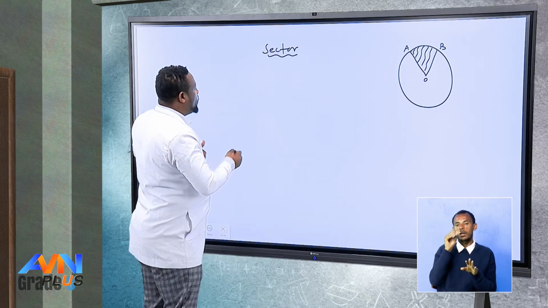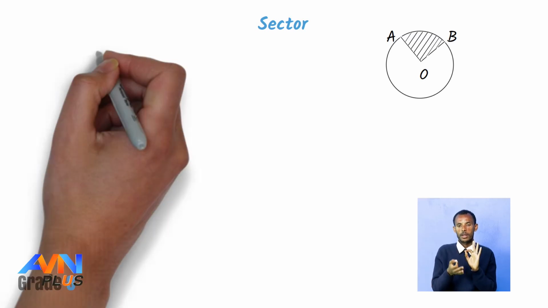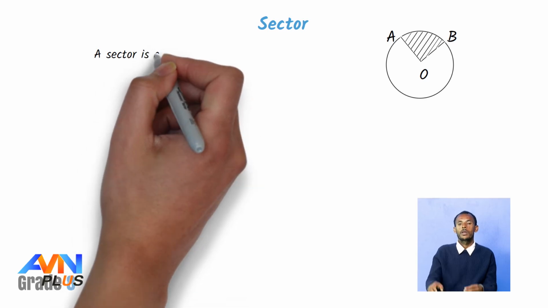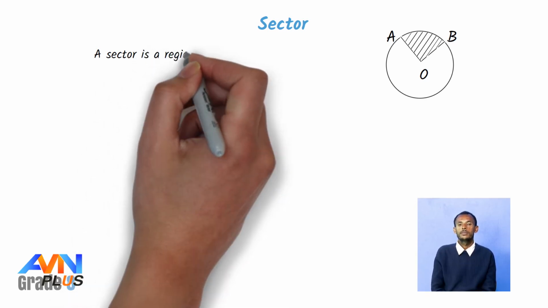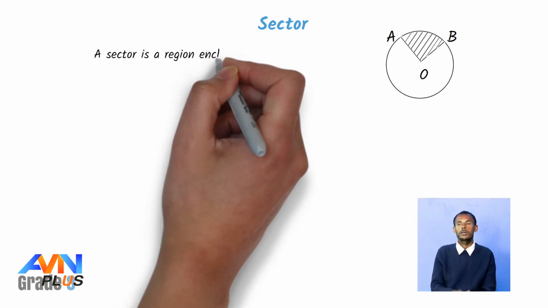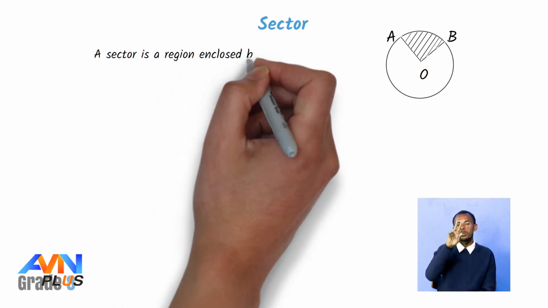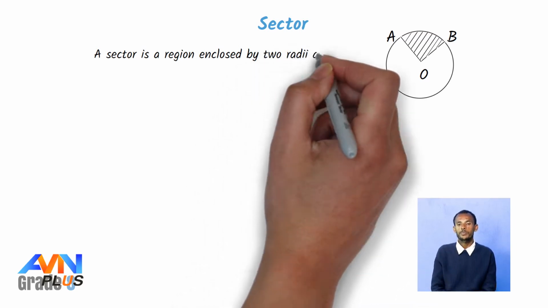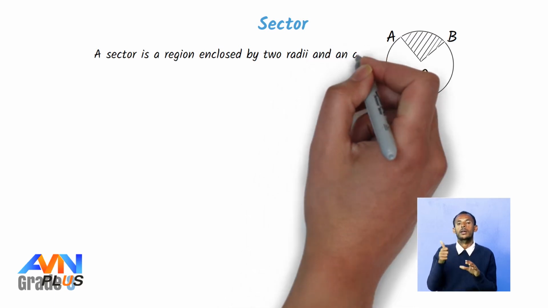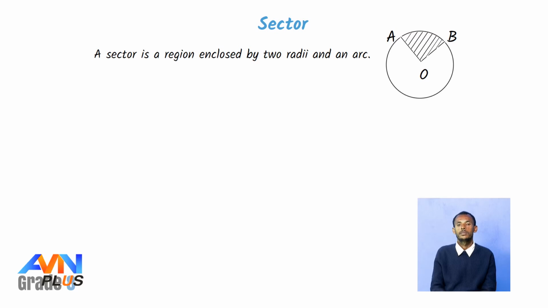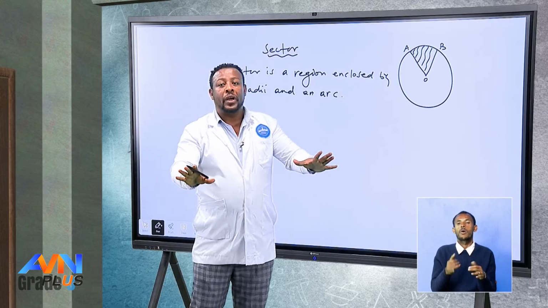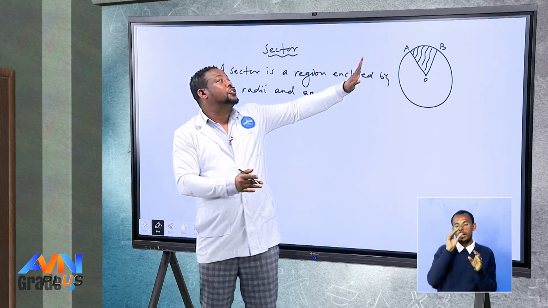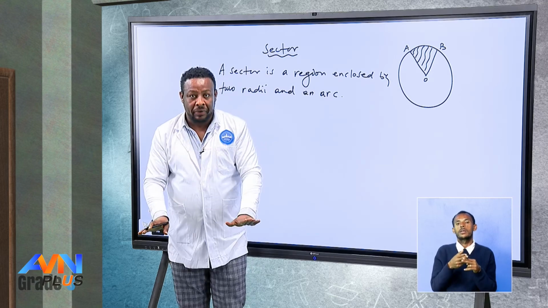Okay, so we define a sector as a region enclosed by two radii and an arc. So from now onwards, whenever you see a certain region enclosed by two radii and an arc, that region is called a sector, right?